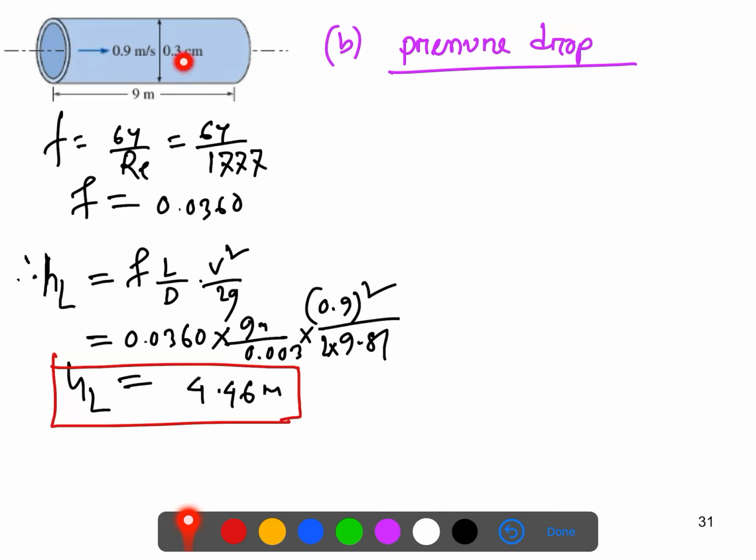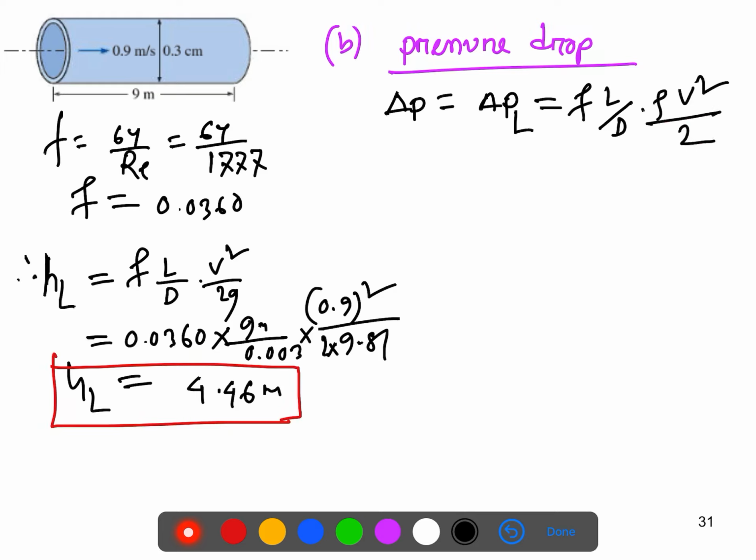So the pressure drop in this pipe is actually due to the friction losses, nothing else, and it is equivalent to the pressure loss. So we can say the pressure drop delta P is equal to the pressure loss, which is f L over D times density times velocity square over 2.